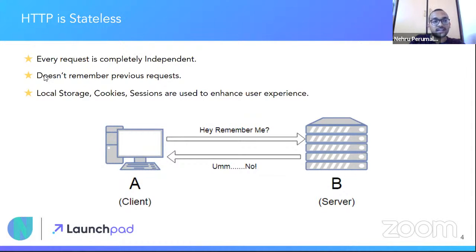The second thing is that it doesn't remember previous requests. For example, consider myself as a client and you as a server. I'm requesting something from you. I will say I want X data. That's it. I will request it, then I'll forget. I don't even ask for acknowledgement.